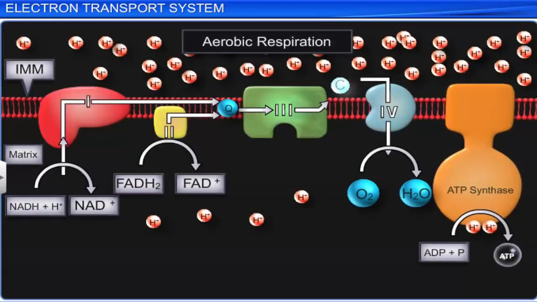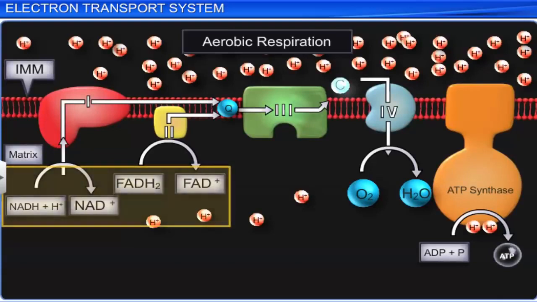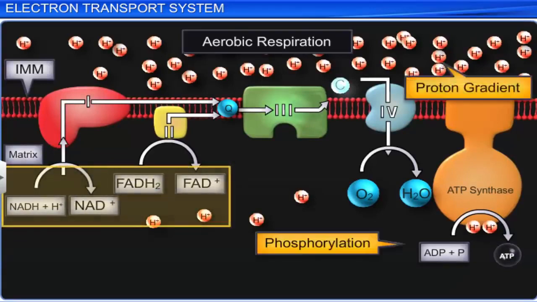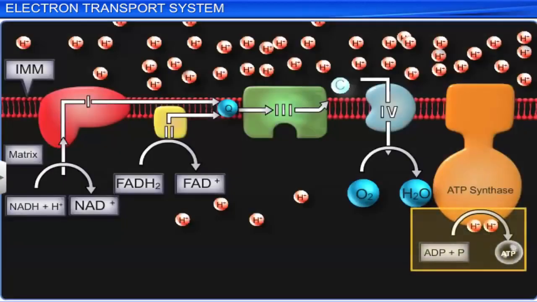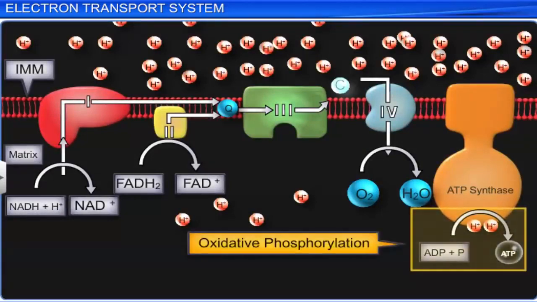Aerobic respiration uses energy conserved in coenzymes during oxidation-reduction reactions to create the proton gradient required for phosphorylation, unlike photophosphorylation, which uses light energy. This is why the aerobic respiration process is also known as oxidative phosphorylation.